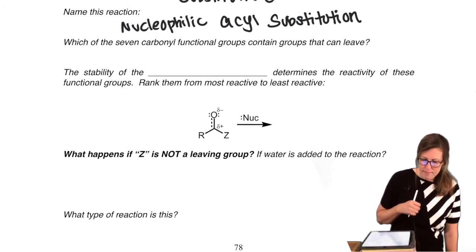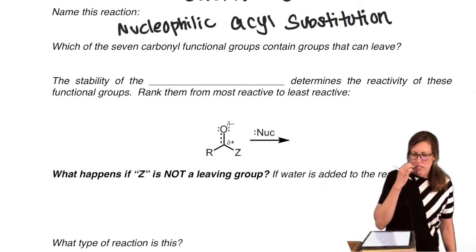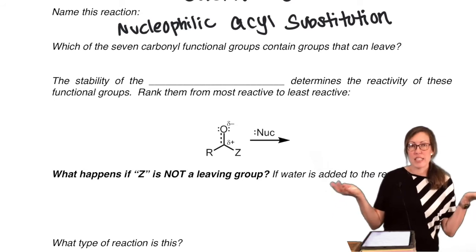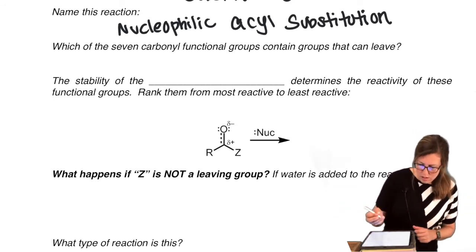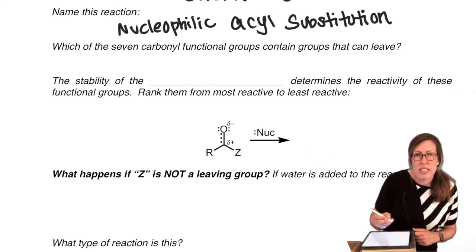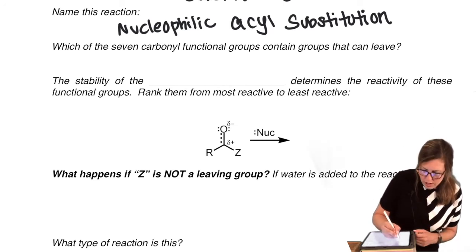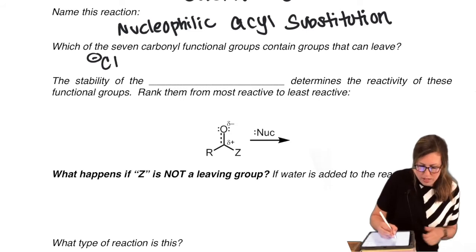Okay, so of those 7 carbonyl functional groups, which ones can we get to have the Z act as a leaving group? Let's make a list. There are going to be some that leave, even though it defies our idea of a good leaving group. But let's start with the ones we know. Clearly good leaving group, no question there. That's going to do the attack, open, close, kick mechanism.